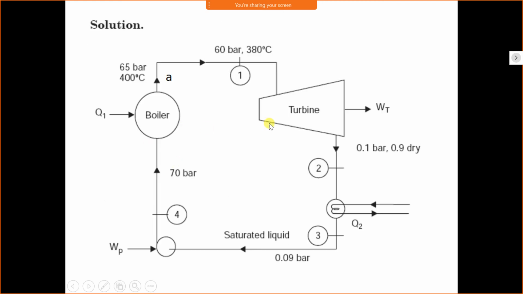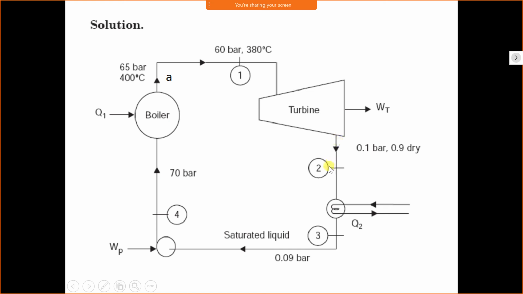Okay, this is a figure. This figure is not given, but I have taken it for reference. This is a boiler. Outlet condition of the boiler is 65 bar and 400 degrees Celsius. This is a pipeline. After passing through the pipeline, steam enters the turbine, but the pressure is dropped by 5 bar and temperature dropped by 20 degrees Celsius.